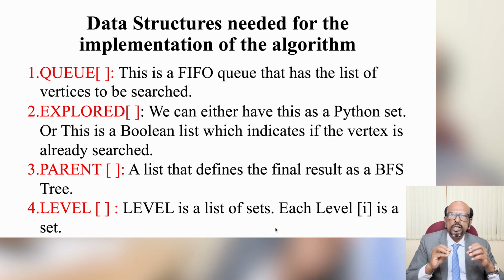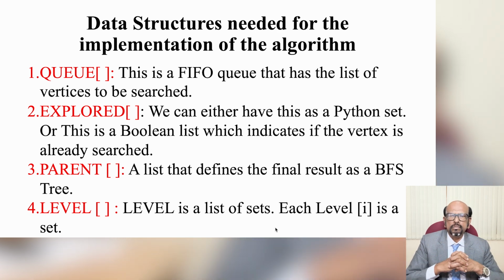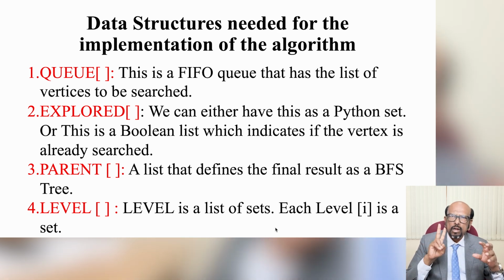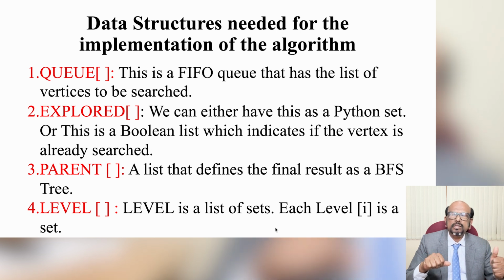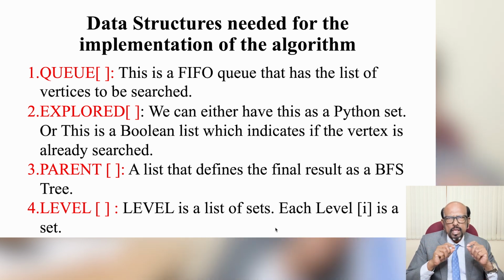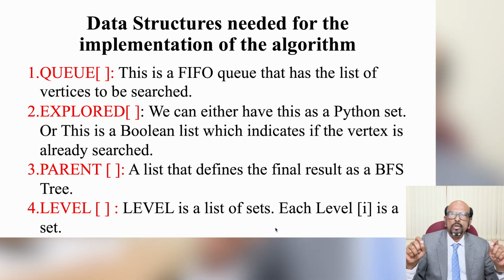For example, if 0 is the initial node, explored of 0 will be true because it is already explored. So there are two ways of doing it. One is the Python data structure called set, and you can create a set called explored. The other is a Boolean list called explored, where for each vertex you decide true or false. If it is true, that node is already explored.